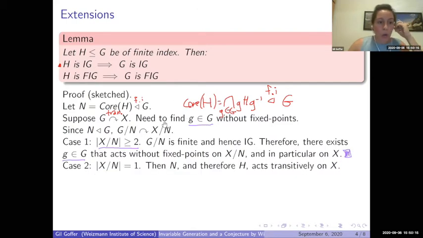The second option would be that this is the trivial space, the 1 point space.